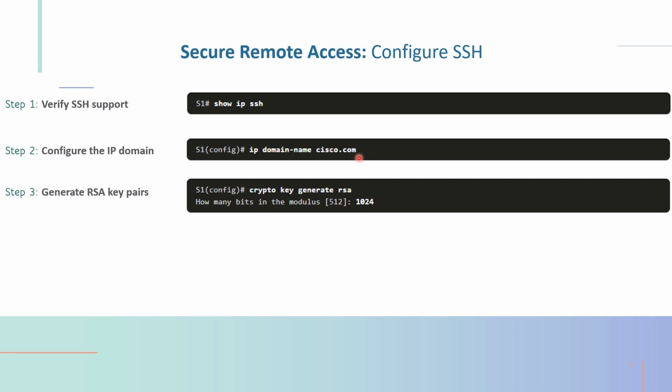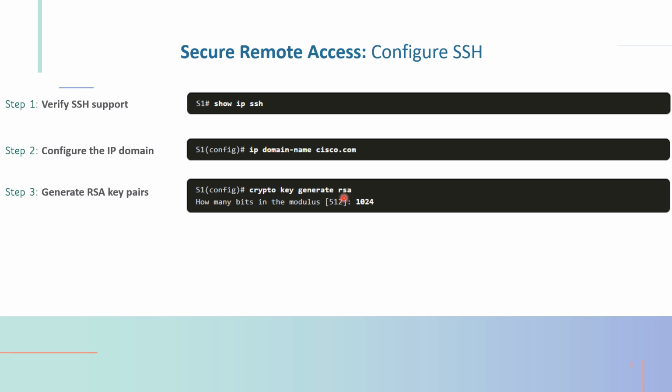By using the command crypto key generate rsa at the global configuration mode, we will be able to enable the Secure Shell server on the switch and generate an RSA key pair.